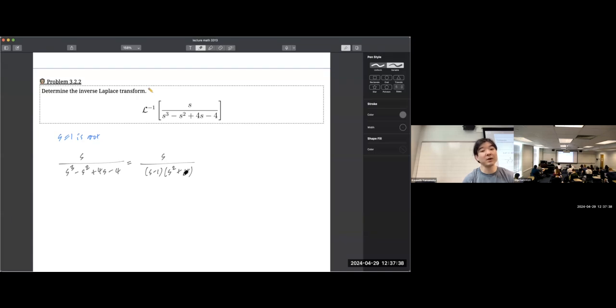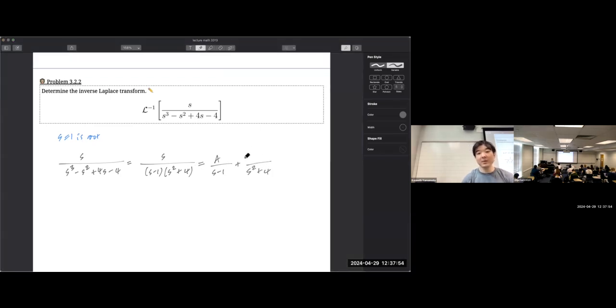And this s squared plus 4 you can't factor any further. So you can write partial fractions for this one. It's going to be something over s minus 1, plus something over s squared plus 4.